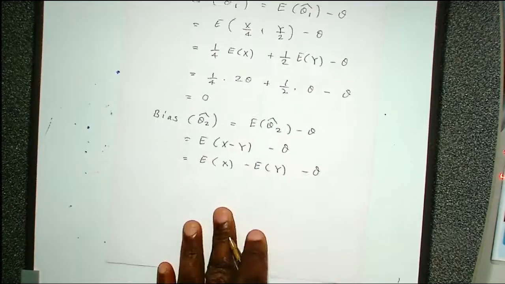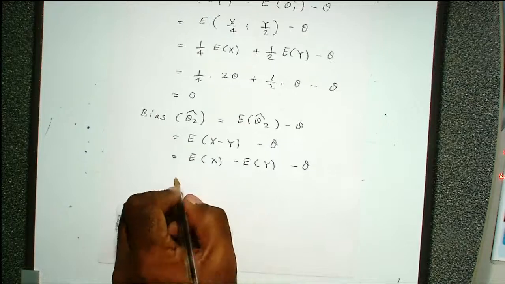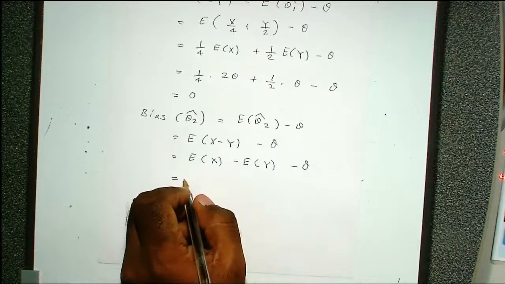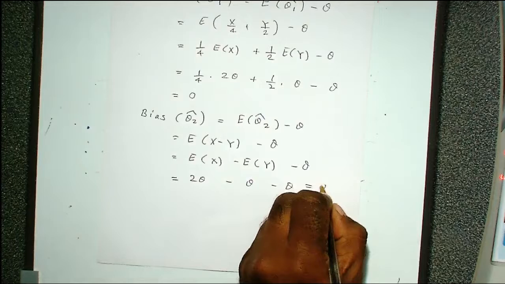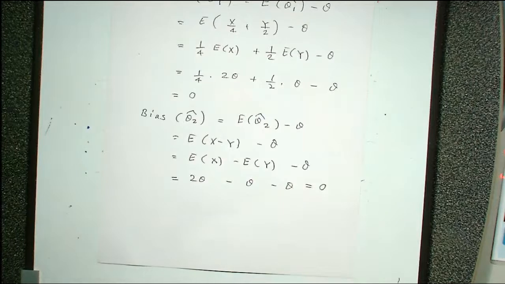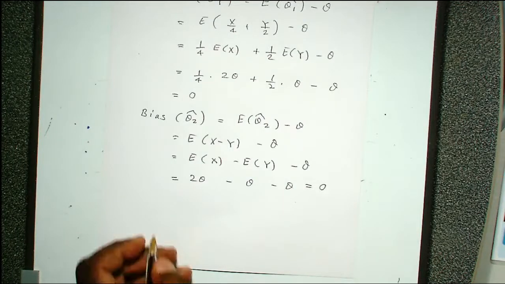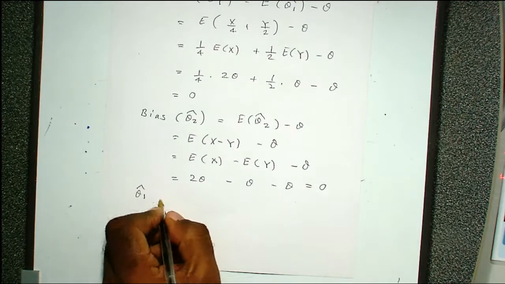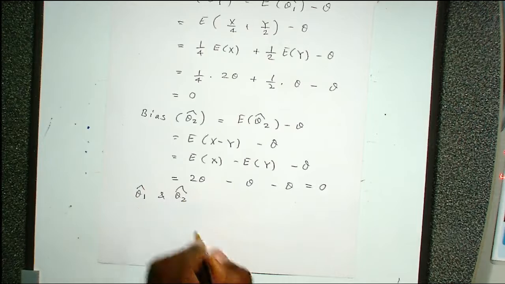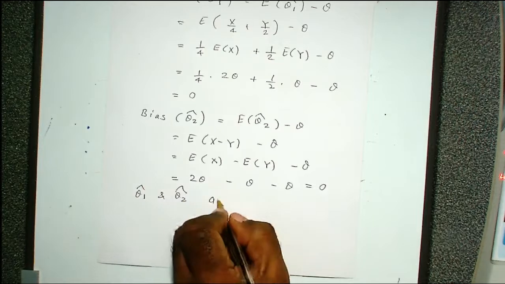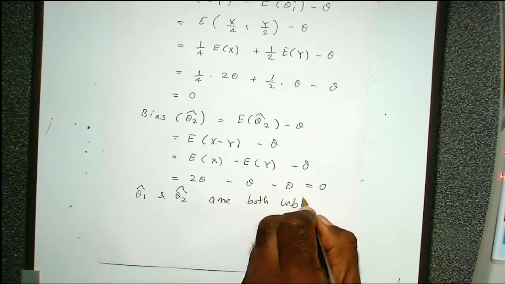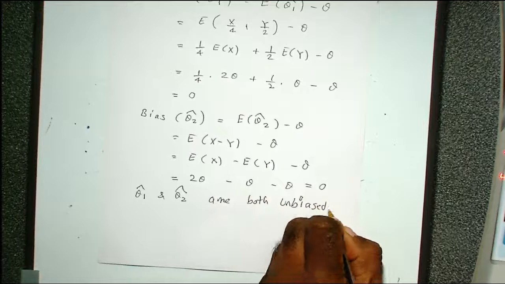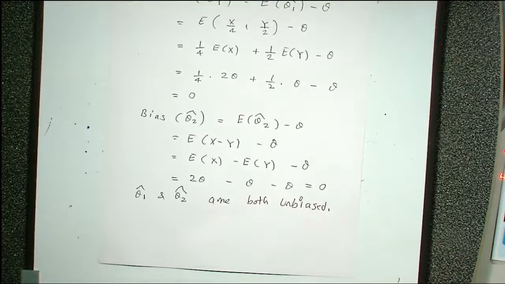The expectation of X, you're told, is 2 theta, minus theta, which is 0. So both estimators are unbiased. Now, to check for consistency, you need to find the MSE.